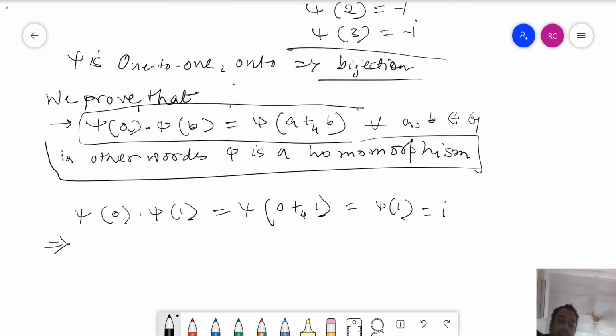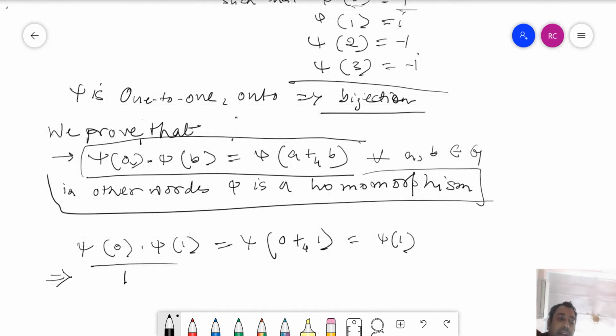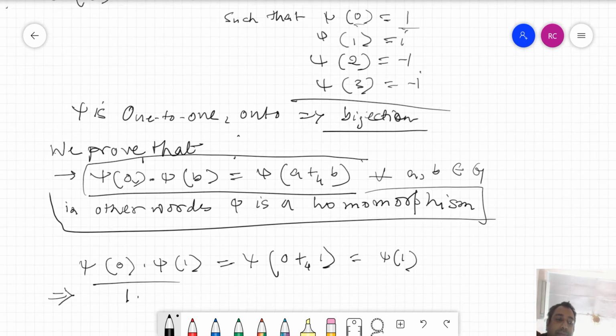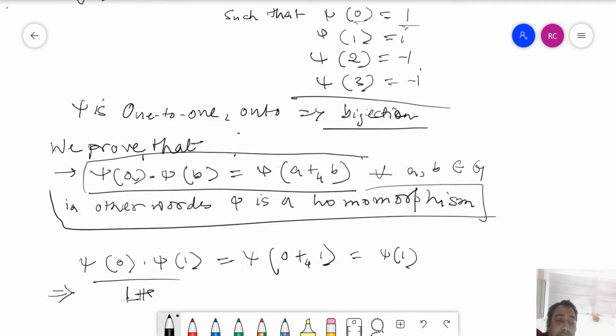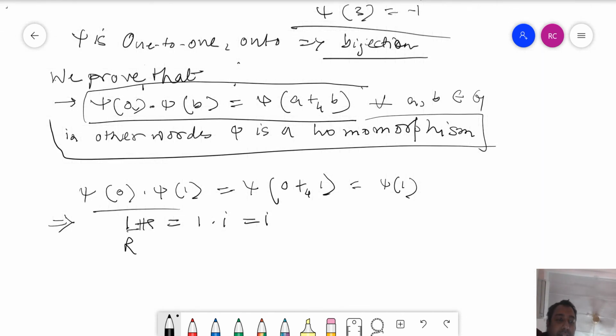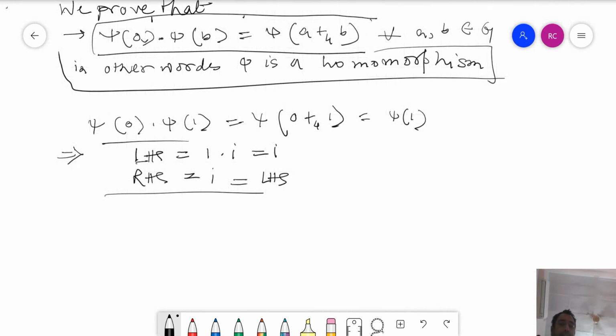And on the left hand side, LHS is equal to 1 into i, which is i, and RHS is equal to i. So this is fine.